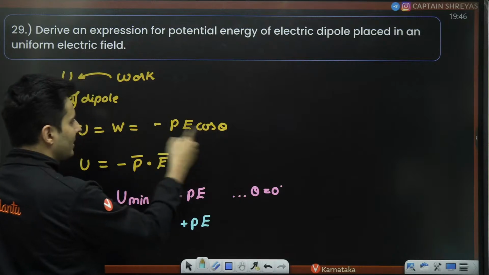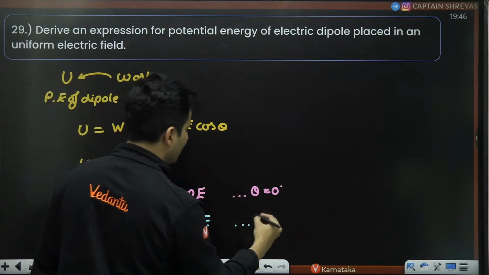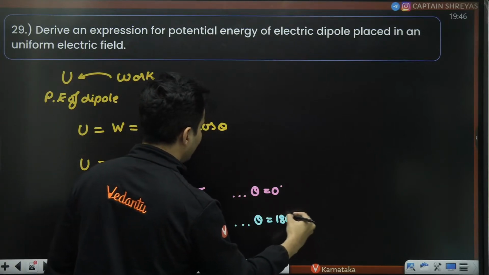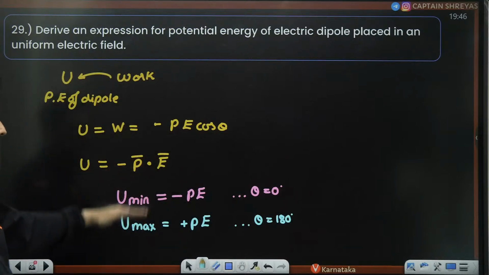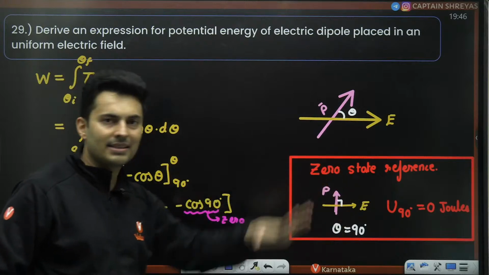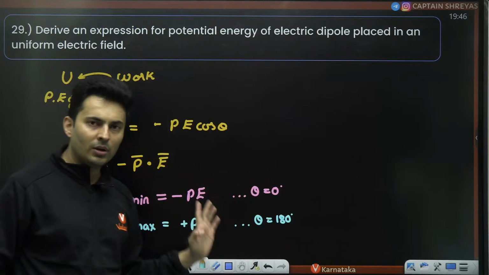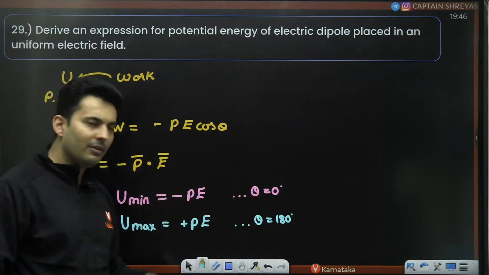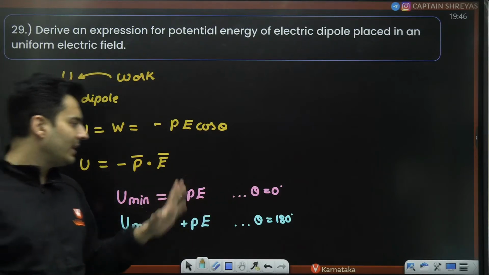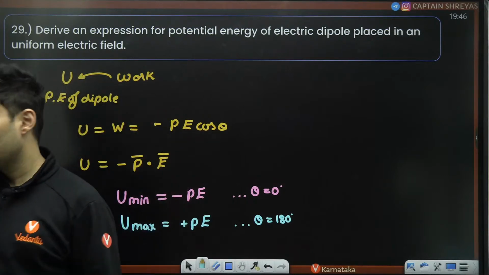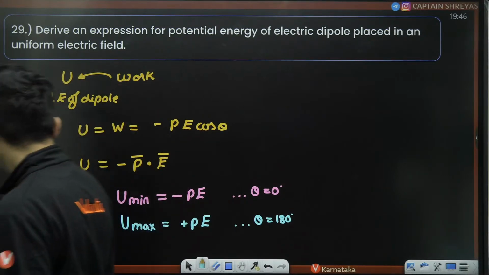That means minus minus will become positive. So that will happen when theta is 180 degrees. So these are the minimum and maximum values. Remember, it is going to be 0 when theta is 90 degrees. That's how it is. All right.